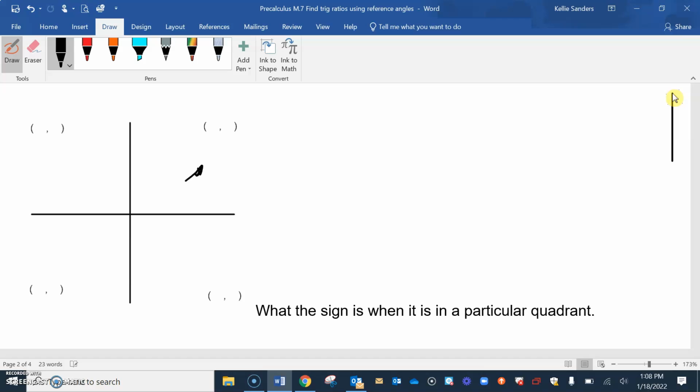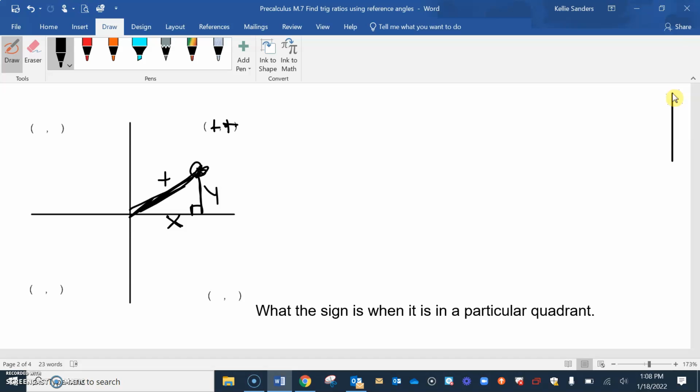Well, it's a reference angle, so it goes to the x-axis, right? And so we go to the x-axis, we make a right triangle. This is an x, and this is a y. And to get here, we went positive and positive direction, and our hypotenuse is always positive.